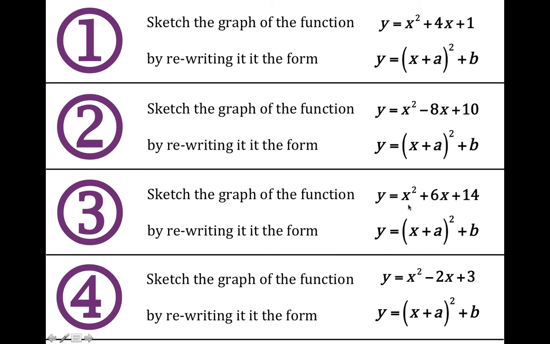And then x squared plus 6x plus 14, and then x squared minus 2x plus 3. And all of those you try to solve by rewriting them in the same way and figuring out how it takes the basic graph of y equals x squared and then shifts it left, right, or up and down.